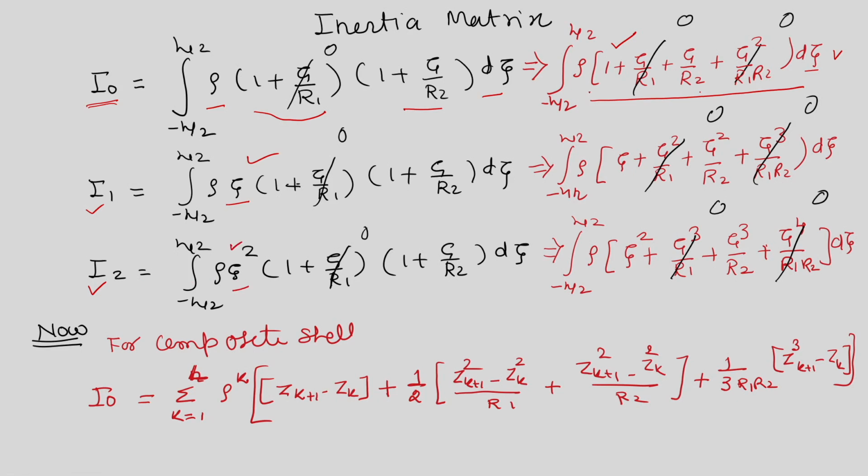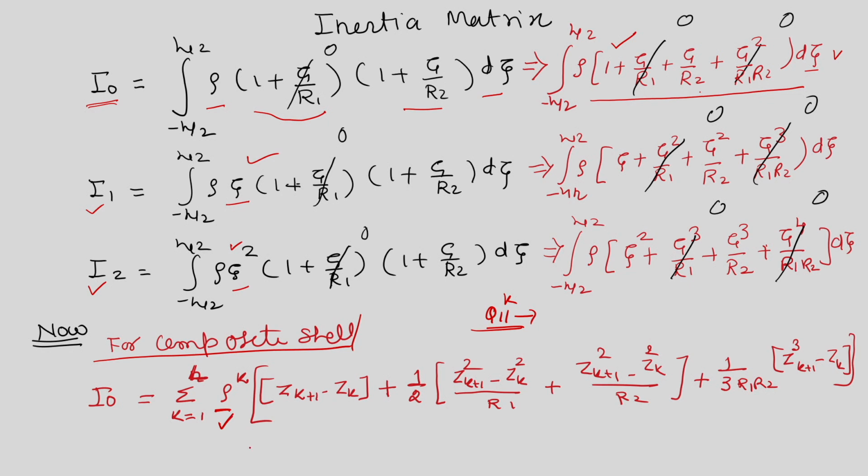If it is an isotropic shell, then we can directly integrate and write rho times h, or rho times h square by 2 and so on. But for a composite or laminated shell, each layer may have a different density, just like each layer may have different reduced stiffness coefficients. In the same way each layer may have a different density.